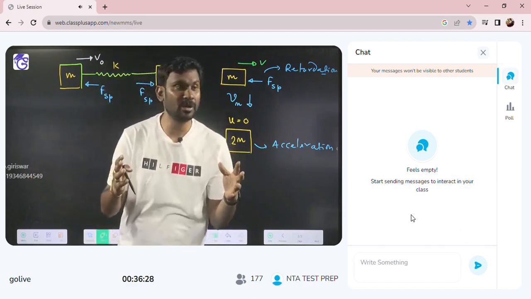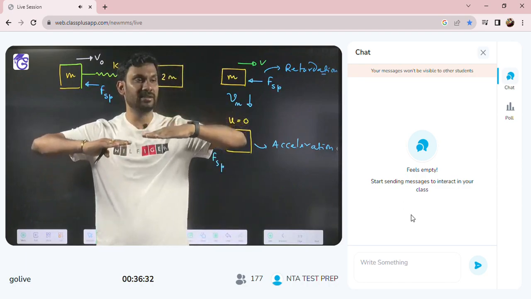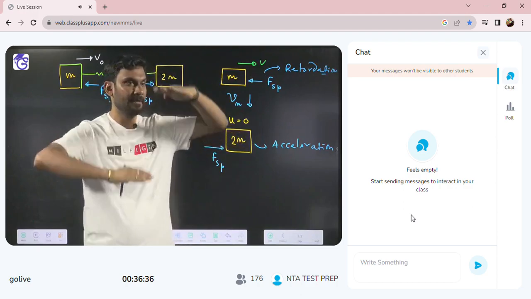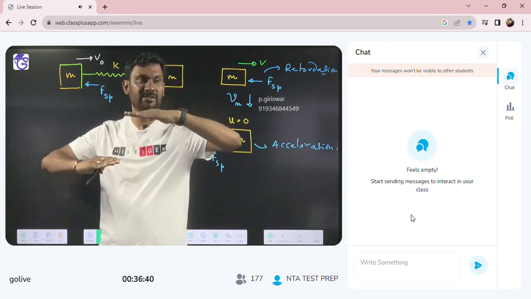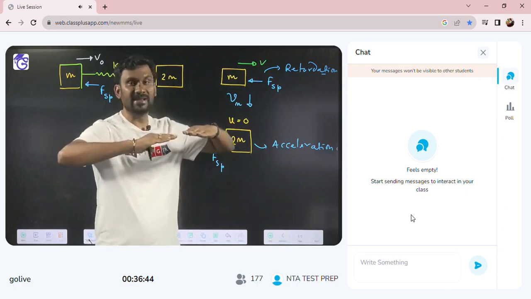Till what time will it continue? Look at my hands. M is decreasing, 2M is increasing. At this instant, both have the same velocity. This is the maximum compression.